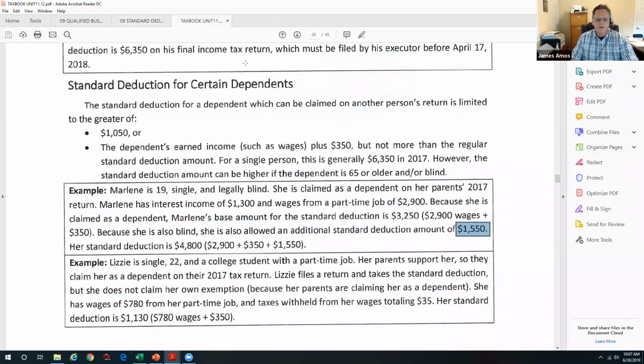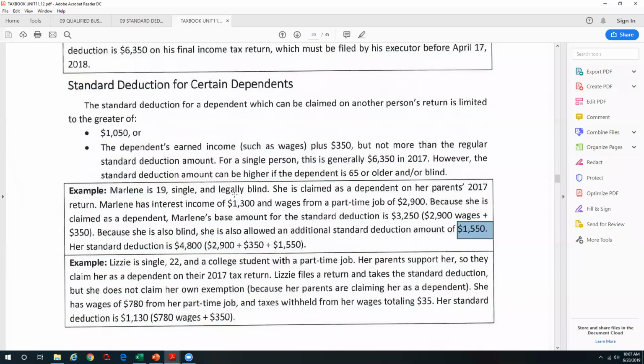The front of the book says 2018-19, but they've still got 2017 amounts in several places, just a heads up. That's a 2017 amount. Even the standard deduction table is for 2017. So it may be, Ryan, that they never got this updated.